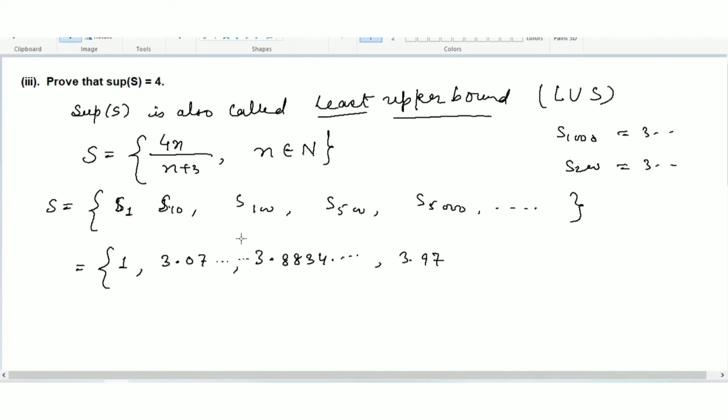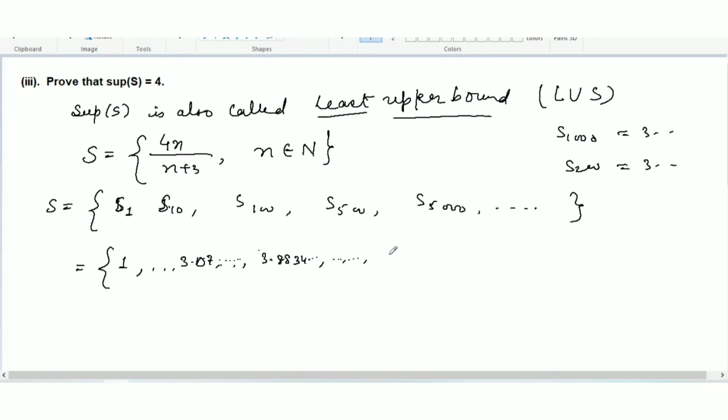After S1, some numbers will be 2, 3, 4, 5, then S10, which is 3.07. Then 11, 12, and so on, some numbers will be here. And then S100 is 3.8834... Then S101, S102, some numbers are here.